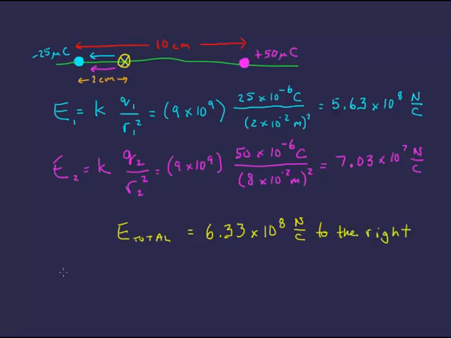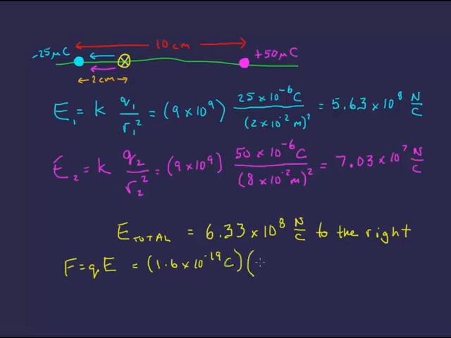An add-on to this might be, hey, what's the force on an electron? If I place an electron in that spot, what will be the force, magnitude, and direction for an electron? Now, again, the force is the charge that you place in the field times the field. Okay, we're talking about an electron. So we're looking at 1.6 times 10 to the negative 19 coulombs.